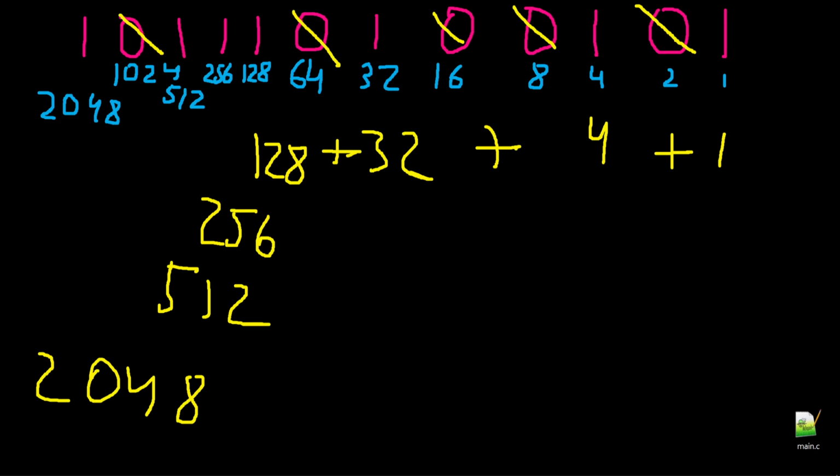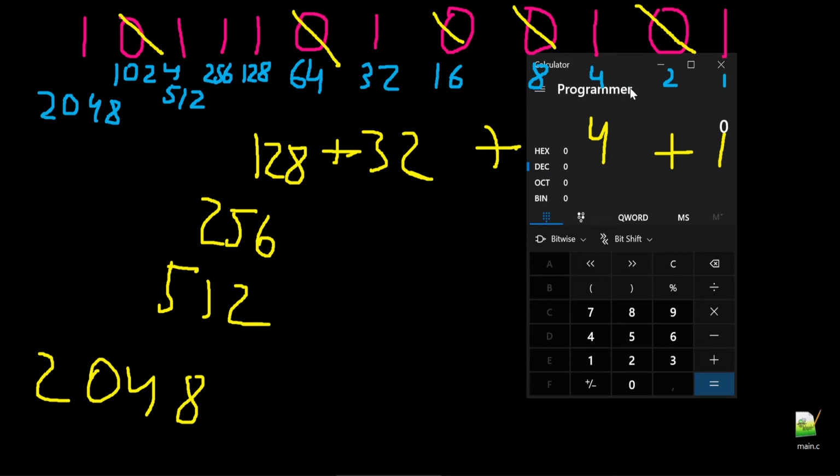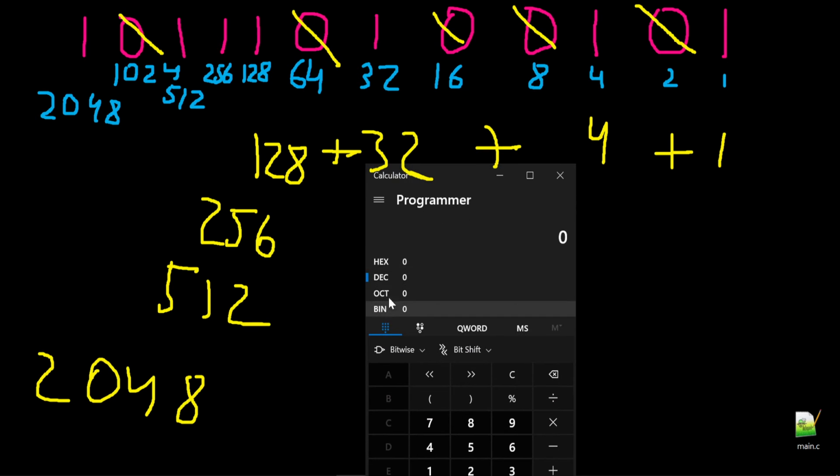So now let's make some basic calculation. I do not want to bother, so we would just use our calculator. We go to decimal mode and write 1 plus 4 plus 32 plus 128 plus 256 plus 512 plus 2048.